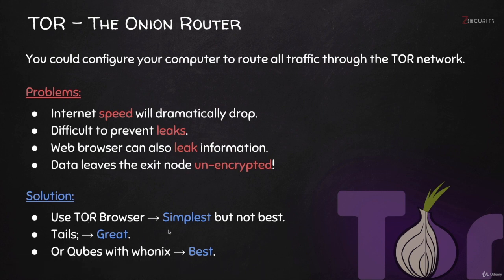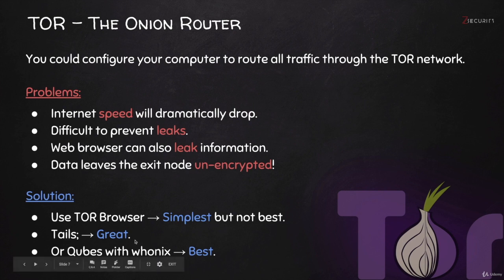This is a web browser designed by the same people that run the TOR network. It routes all the data through the TOR network by default. It also has a lot of other features to prevent leaking your information and ensuring the data that you send is always encrypted. This is the simplest and a good solution.